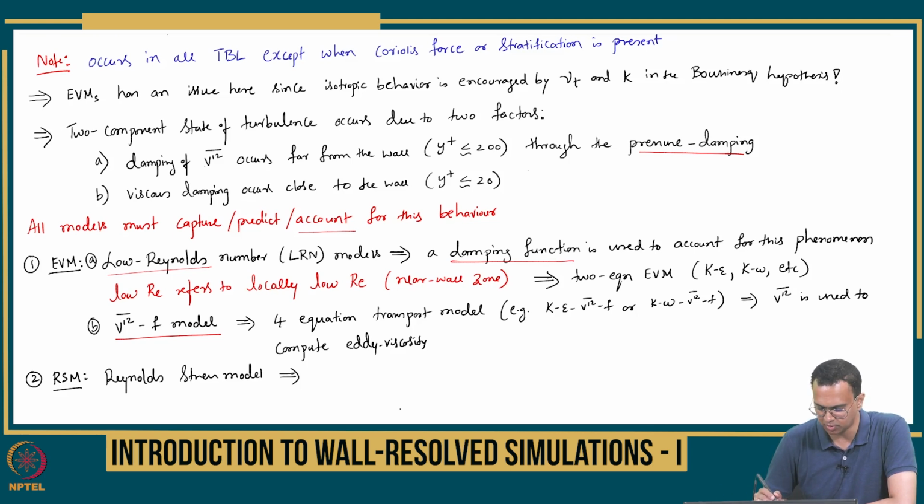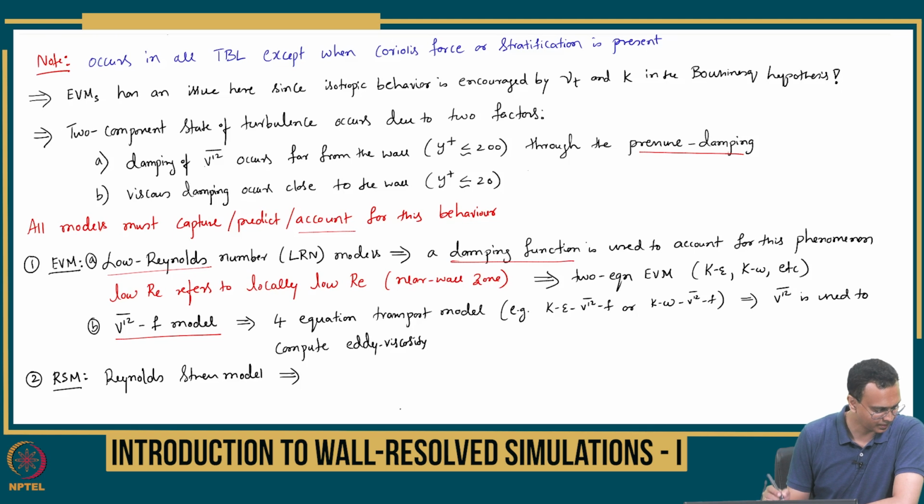So in a Reynolds stress model, you are of course computing for all the stresses. There is a transport equation for each stress, and that means when you are calculating that, there is a pressure strain rate term. You see in the turbulence kinetic energy equation, the pressure strain rate term was gone, right? The redistribution was not there. When you are computing Reynolds stresses, that term is present, which will handle this.